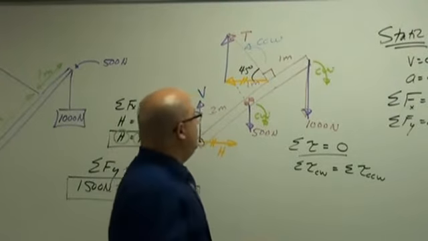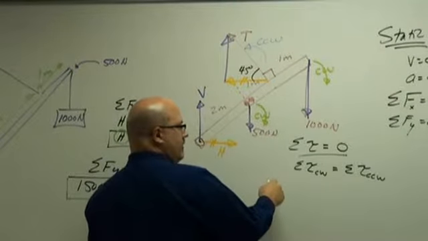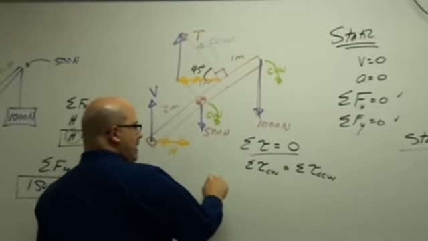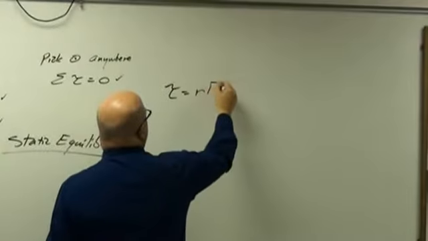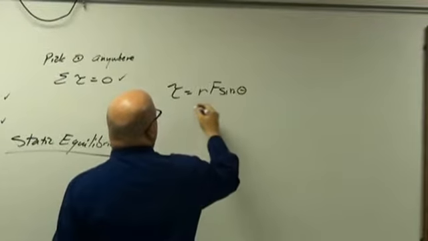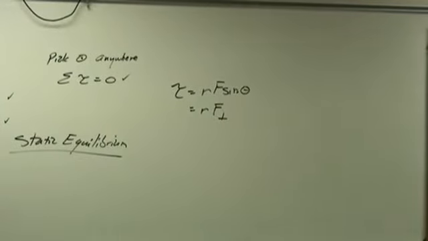All right, so let's start with clockwise. What goes here? The radius. Remember, torque equals RF sine theta, or R F perpendicular, which is what we need.